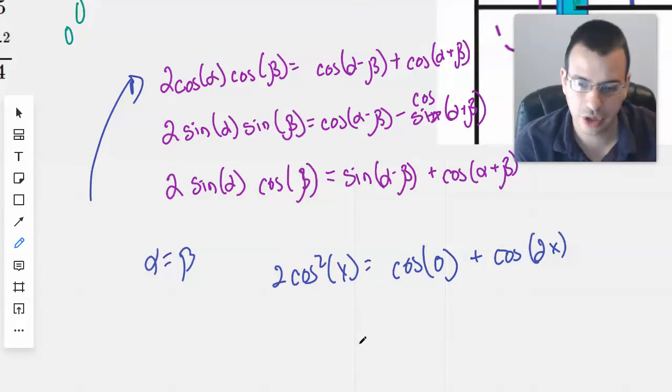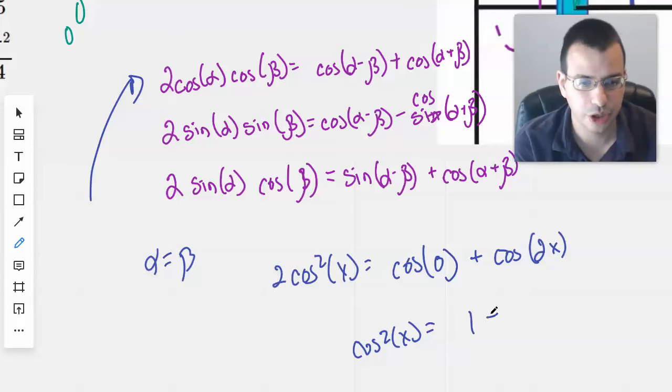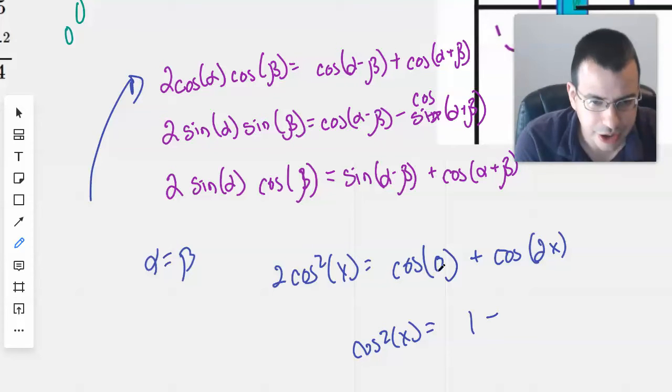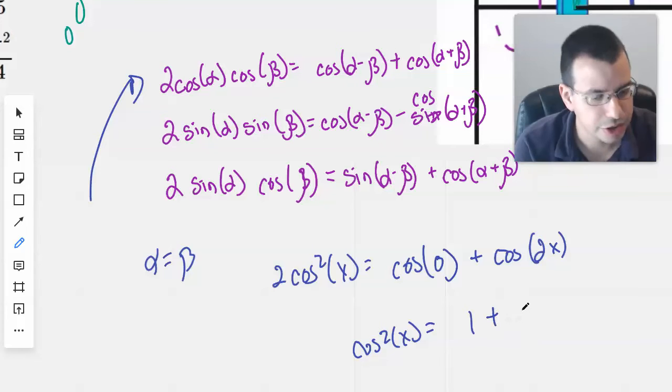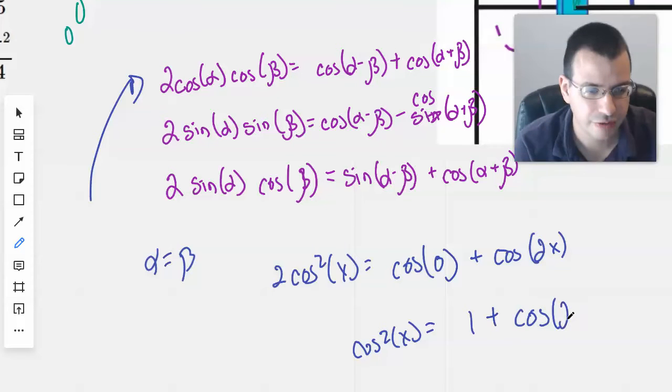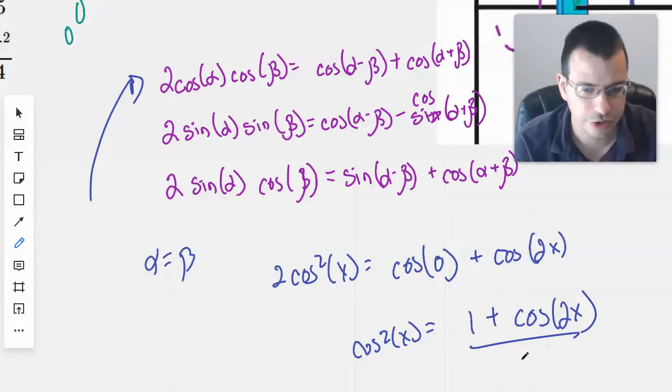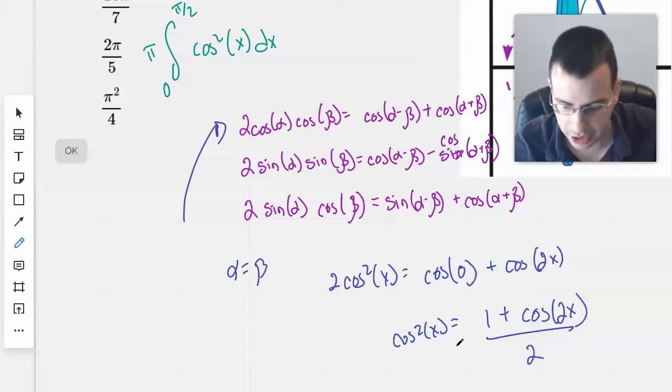So then we could rearrange this as cosine squared of x equals cosine 0 plus cosine of 2x over 2. And this is the formula then that we would use.